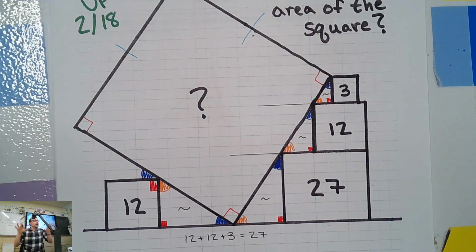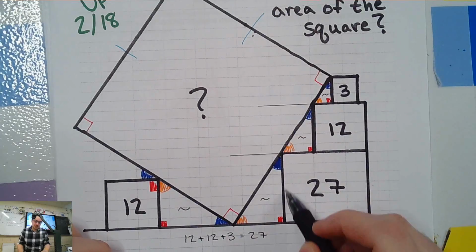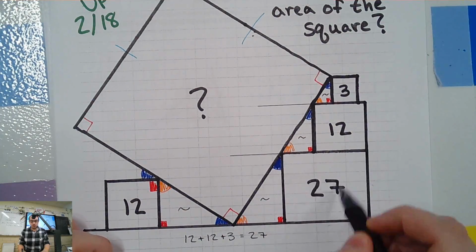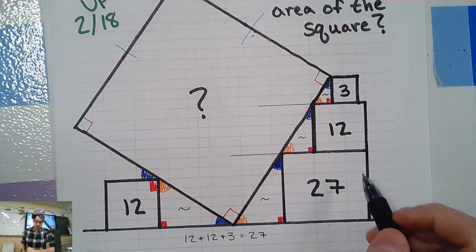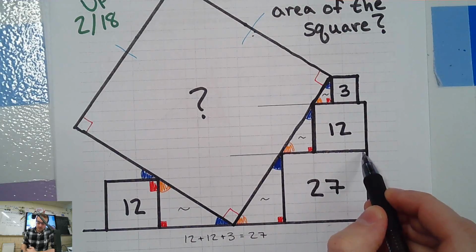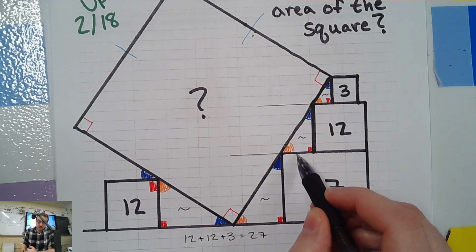So if we assume they're squares, again, this is not solving the problem, but it's solving a similar problem, then this would be root 27 here. Does everybody get that Noah brought up? Root 27 by root 27 gets you 27 area, right? So Zayden's logic is, well, if that's a square and this is a square, that's root 12. The whole thing's root 27. By segment addition postulate, I can do root 27 minus root 12, and I get this.